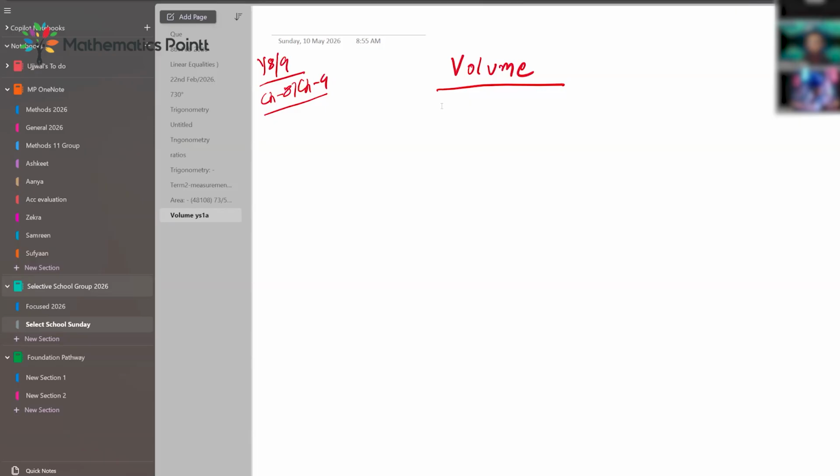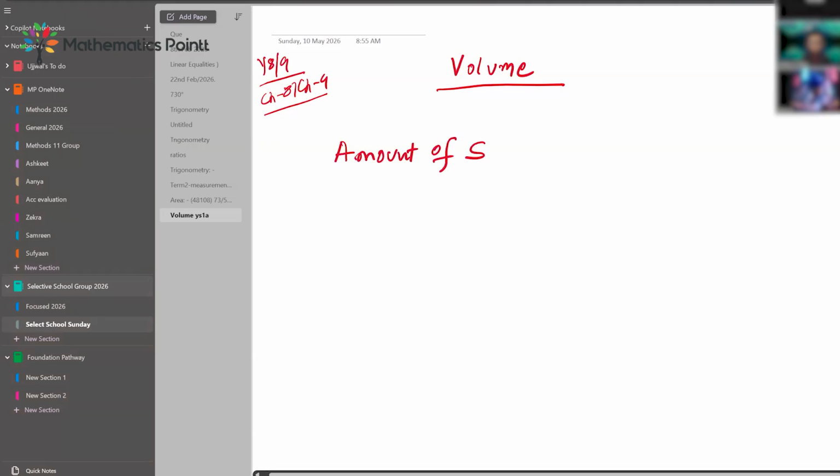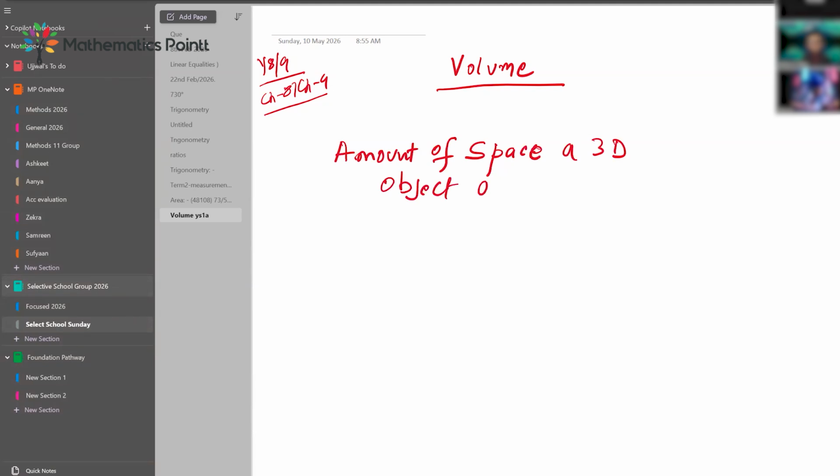All right, volume. So if we really talk about volume, what exactly is volume? Volume is the amount of space a three-dimensional object occupies. A 3D object occupies.